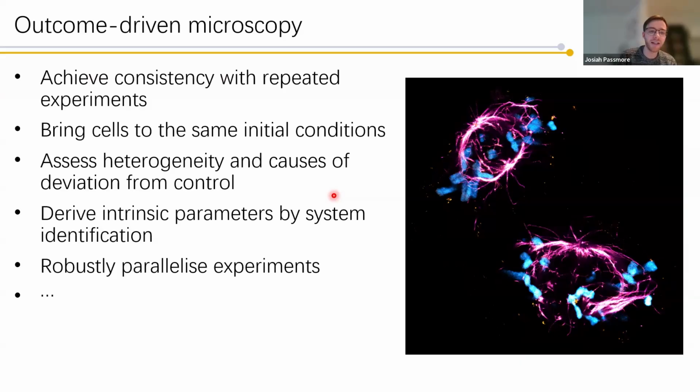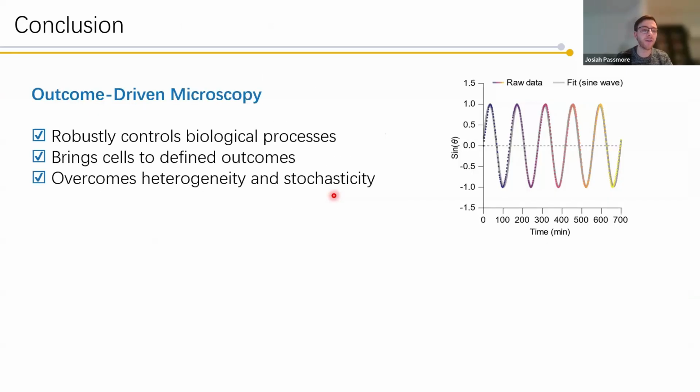You can assess the heterogeneity and the causes of deviation from your control and use that to derive intrinsic parameters by doing modeling. And you can then also do robust parallelization of these experiments because you're able to control these cells with high precision. And what I've shown is that with outcome-driven microscopy, you can robustly control these biological processes. We can bring cells to defined outcomes, and we are able to overcome some of this heterogeneity and stochasticity that we see between cells.